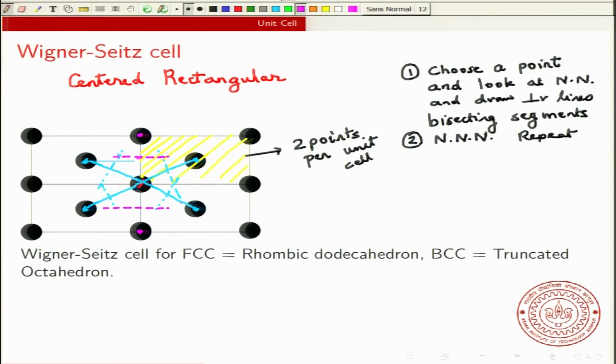As the procedure goes, you are supposed to continue, so repeat and then choose the common area. Now you can already see that if you just take the nearest and next to nearest neighbors, the common area, let me mark it in green, is this.